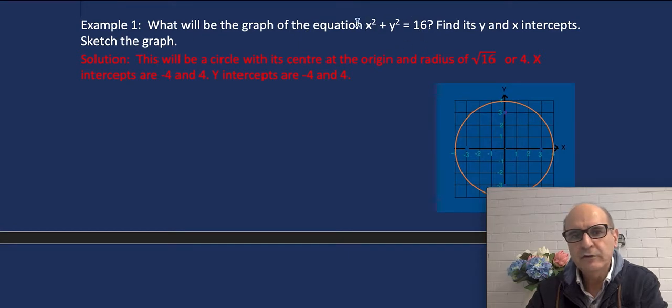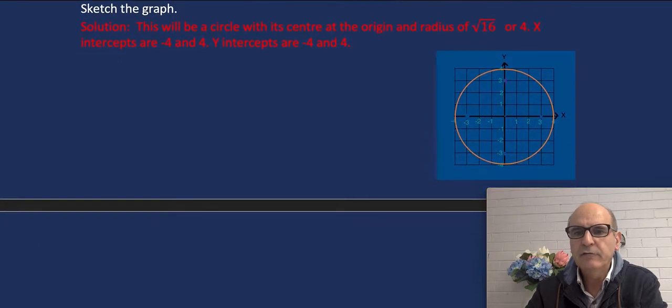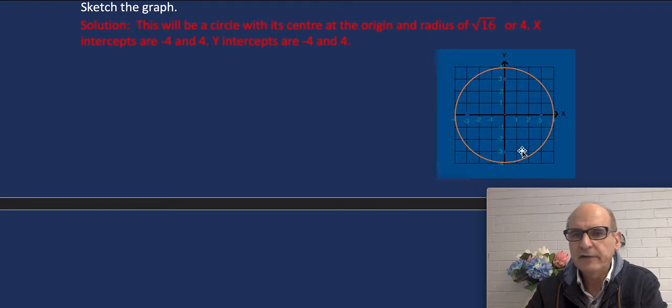We already know that any equation in this form is a circle, with its center at the origin, and its radius will be the square root of 16, which is 4. So I've got a circle with center at the origin and a radius of 4. I graph that.